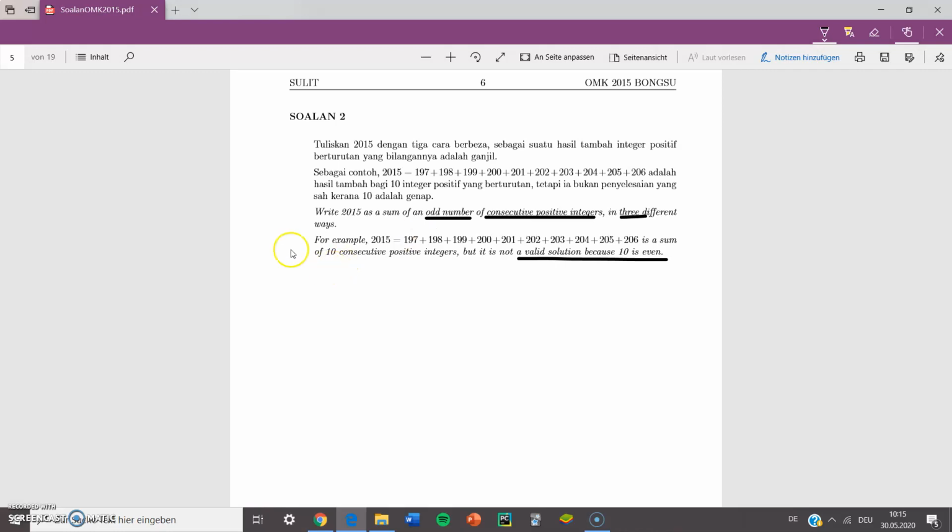Maybe I have 5 consecutive positive integers: 4, 5, 6, 7, 8. The sum is 30, right? And for 3 consecutive positive integers, maybe 16, 17, 18. Their sum would be 51.